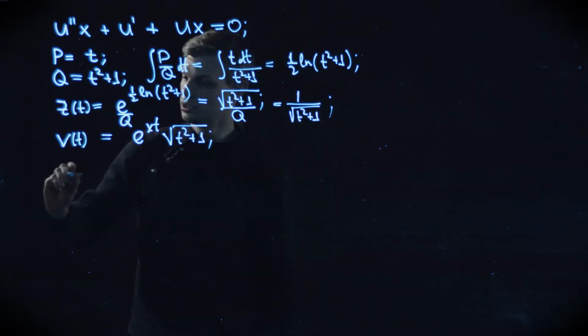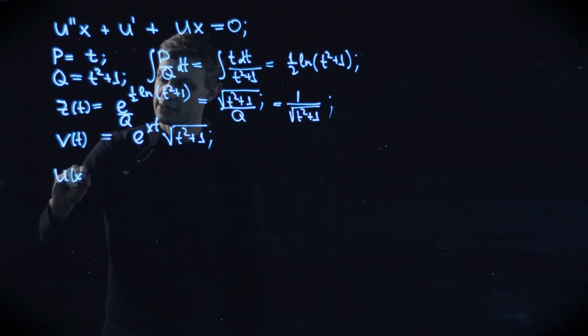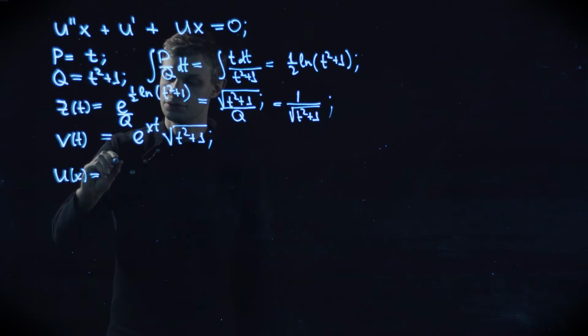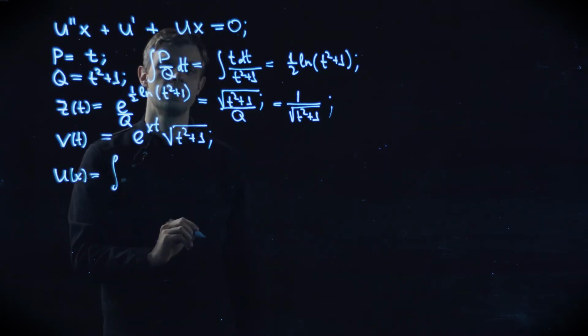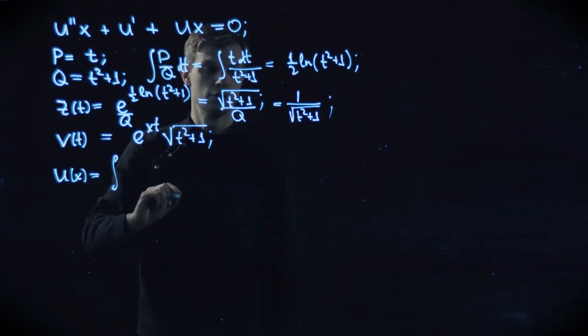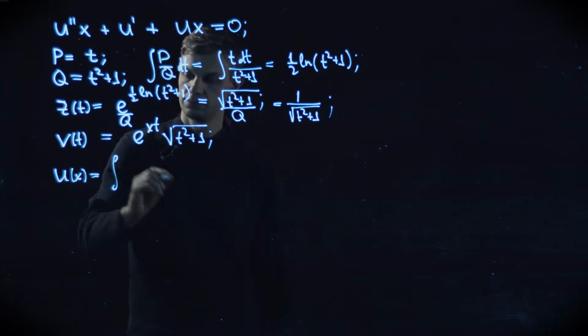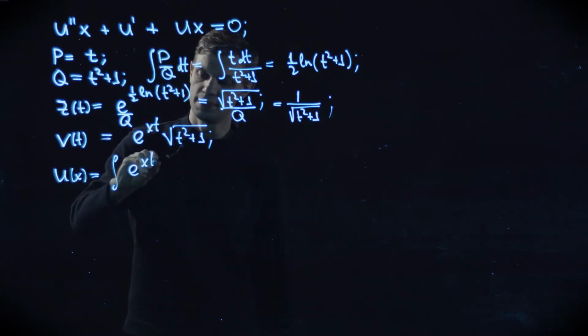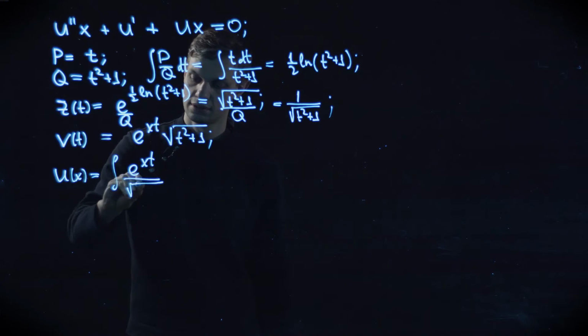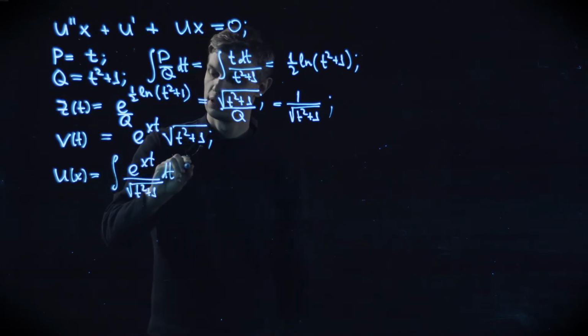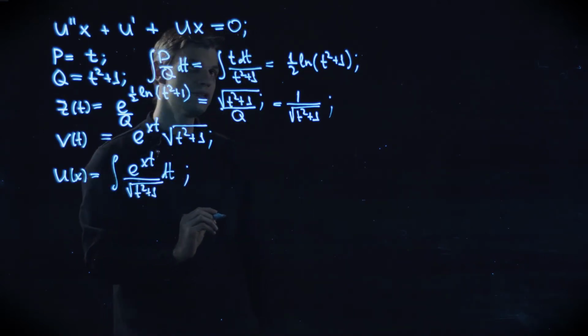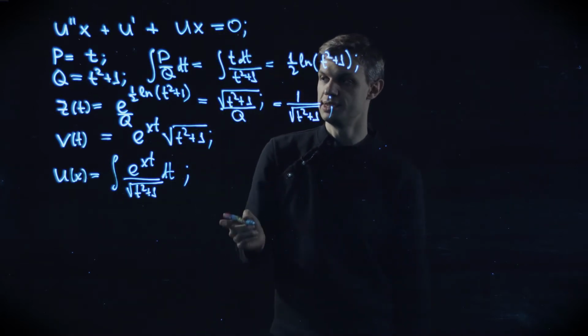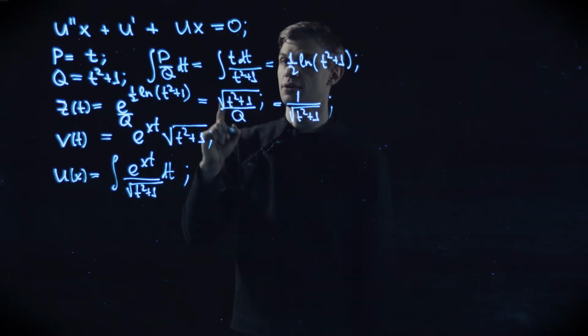And here is the exact solution. U of x is equal to the contour integral in the t domain of the z function times the exponential term, like this. We are interested in the solution which is bounded at infinity and at the origin.